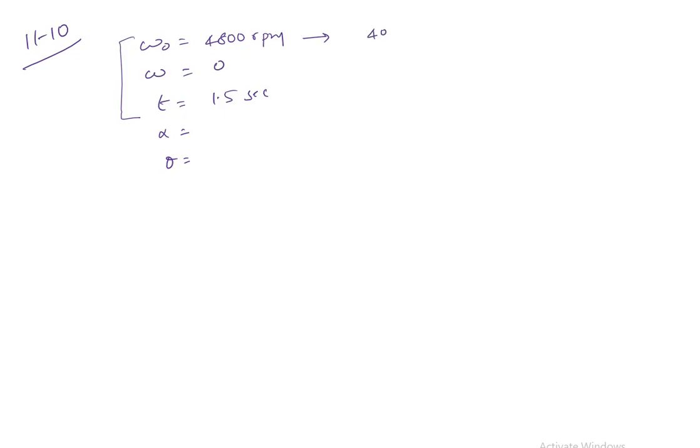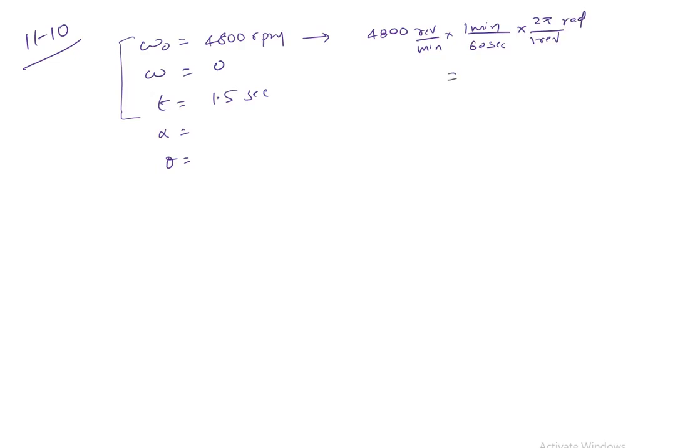So 4,800 revolutions per minute times 1 minute is 60 seconds times 1 rev is 2 pi radians.